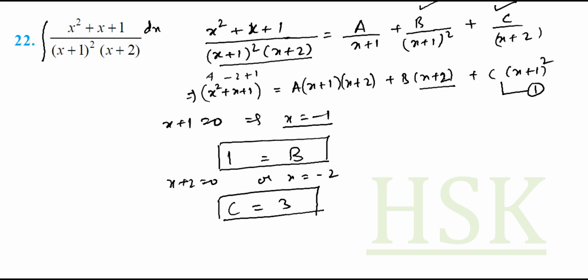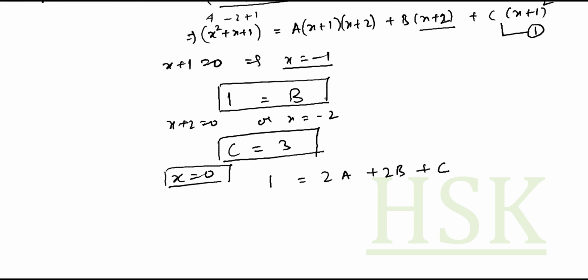Now to calculate the value of a, it is also very simple. I'm going to place x equal to 0 in this equation. So here I'm going to get 0 plus 0 plus 1, I'm going to get this as 1. This will be equal to 2a plus 2b plus c.